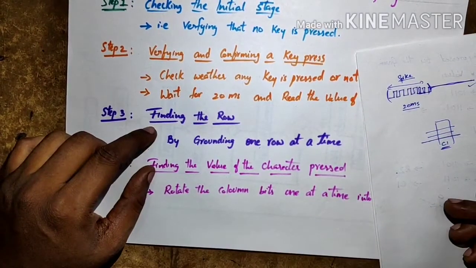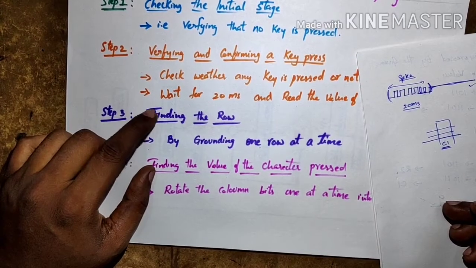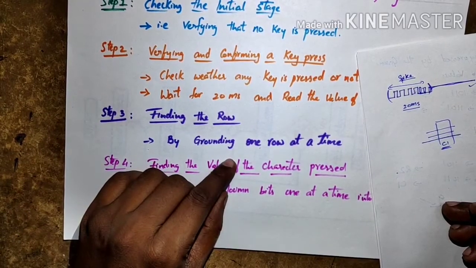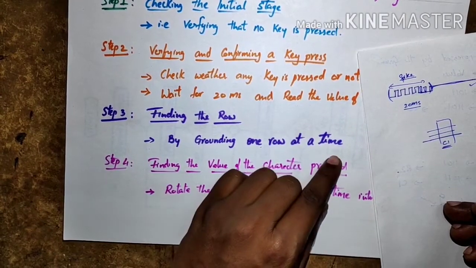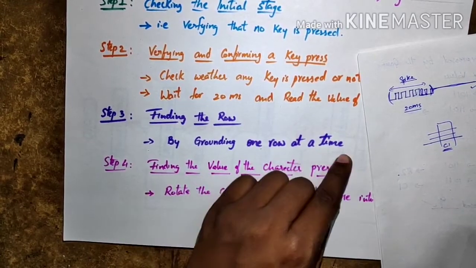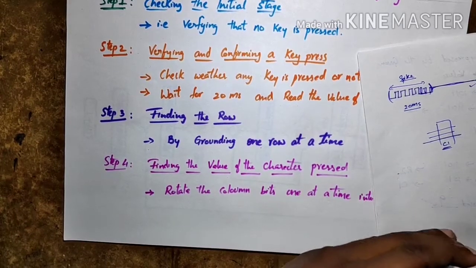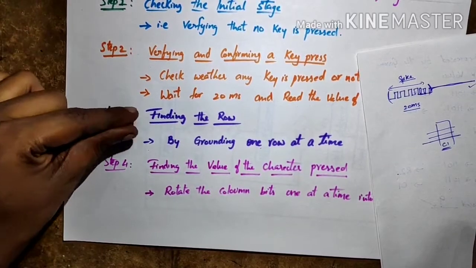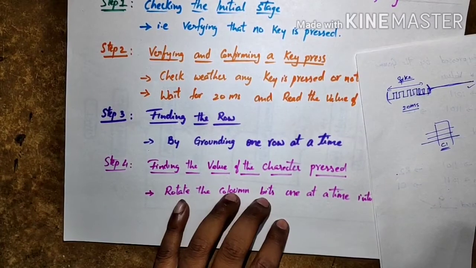So now it will find that particular row. As we already saw, it will ground a single row at a time, make the remaining rows high, and verify which particular row that key belongs to.